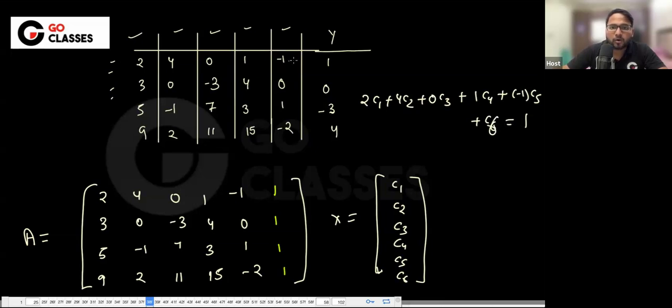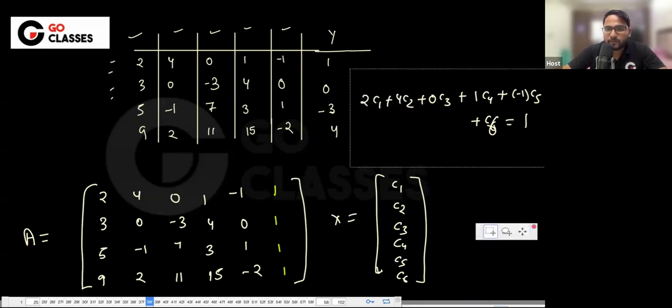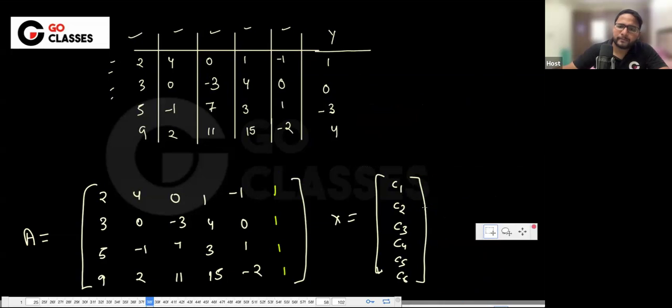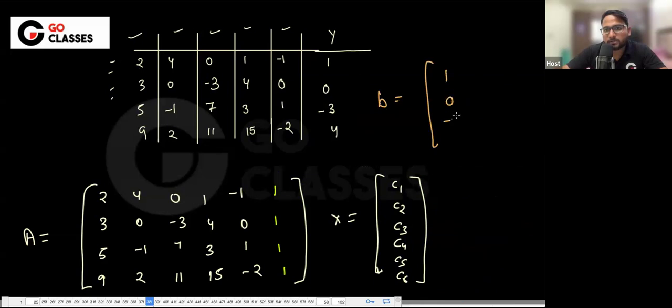All of this plus C6 equal to 1. So your X is this. What is your B? Your B is this, as per the notation, 1, 0, minus 3, 4.